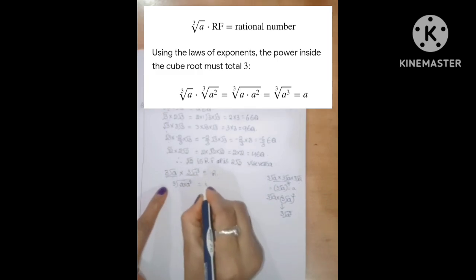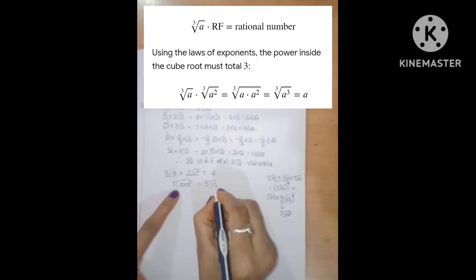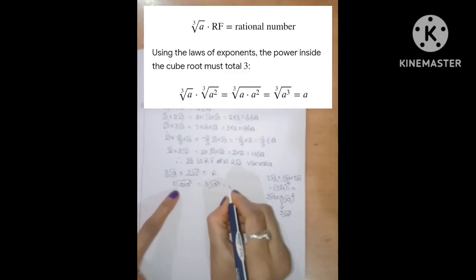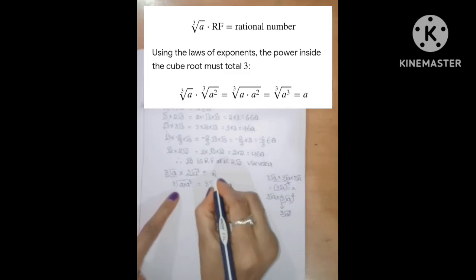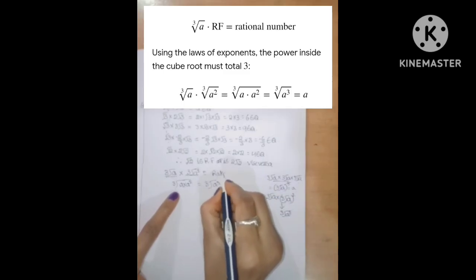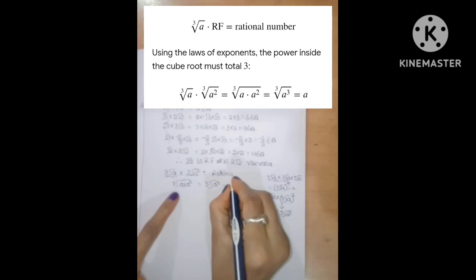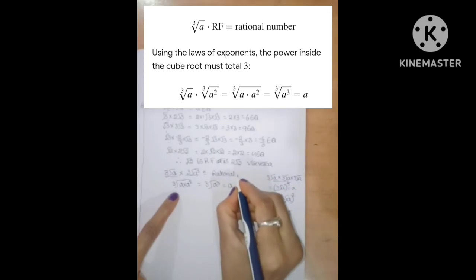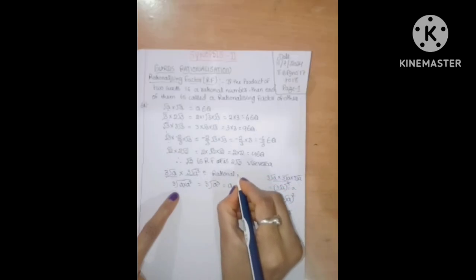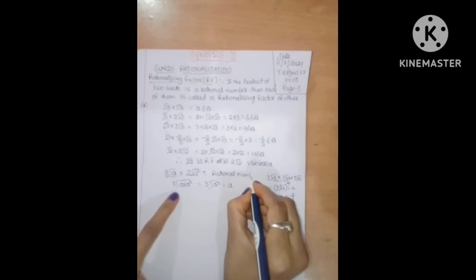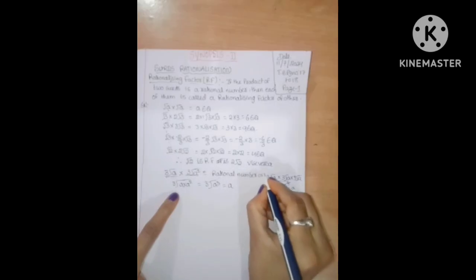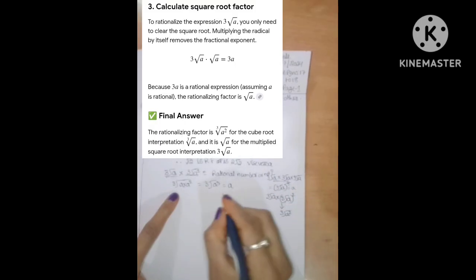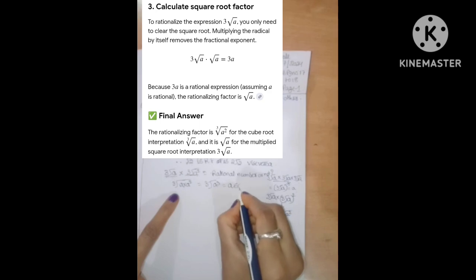The product of the radicands gives a cube, so the cube and root 3 are cancelled, we will get a. It gives a rational number only.